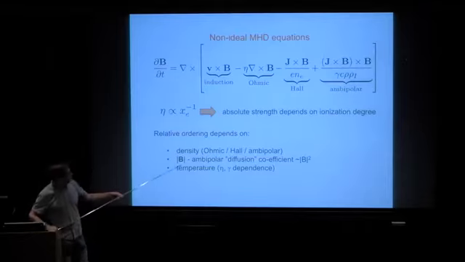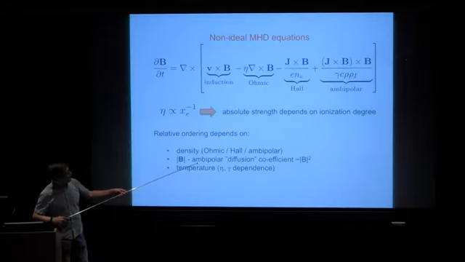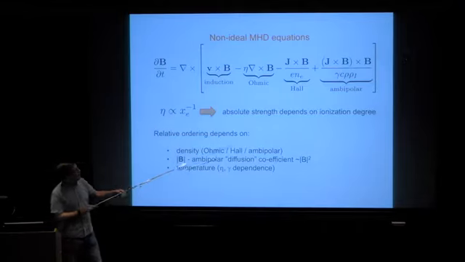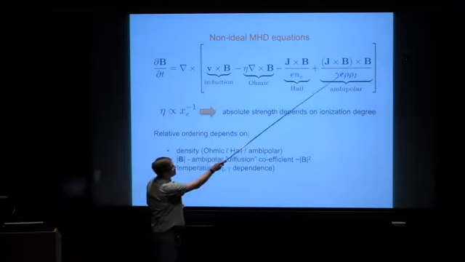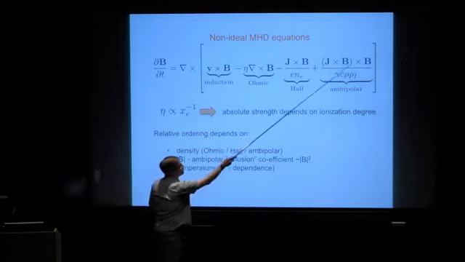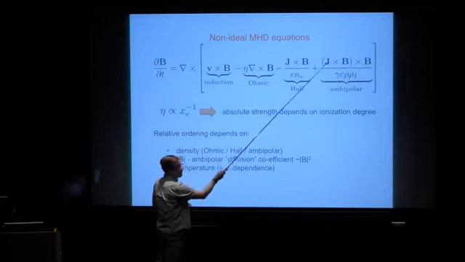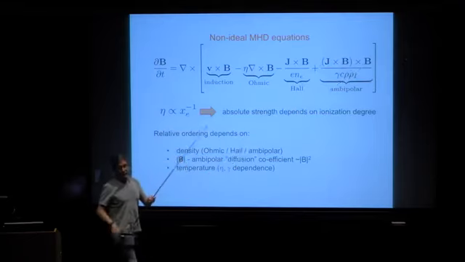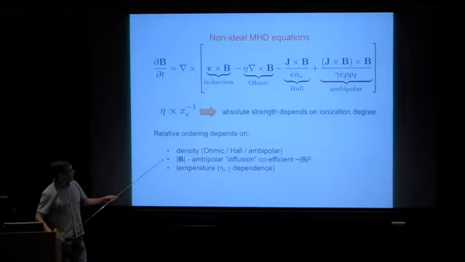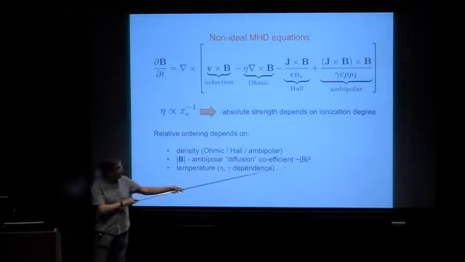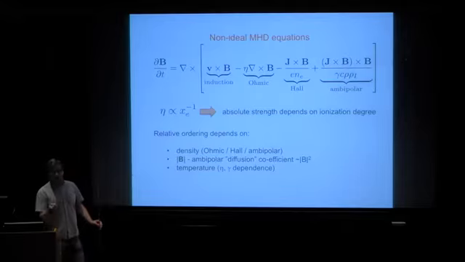Now you can also see that, if you look at the ambipolar piece, that's called ambipolar diffusion. But if you actually look here, we've got three things that involve the magnetic field. We've got two B's here, and then J is curl B. So if you think about that in terms of a diffusion, that would say you've got a diffusion coefficient which goes as B squared. So how important ambipolar diffusion is depends itself on the strength of the magnetic field that is involved.